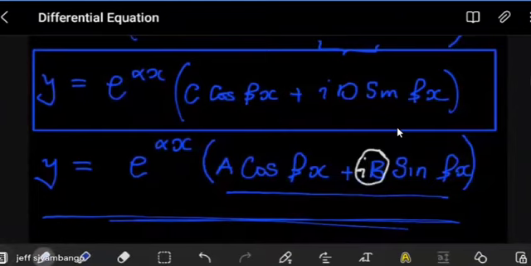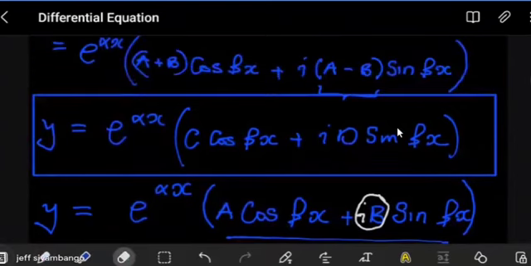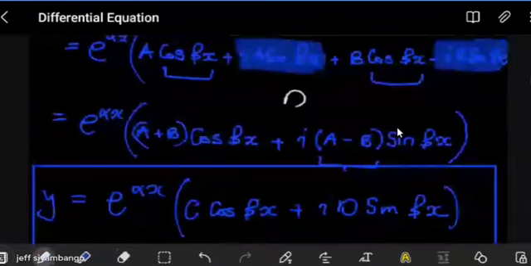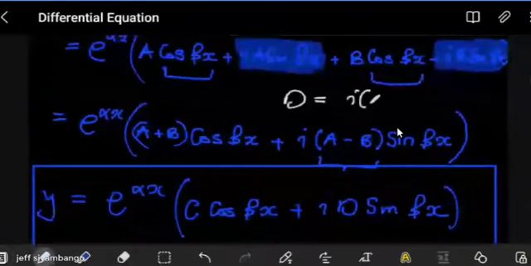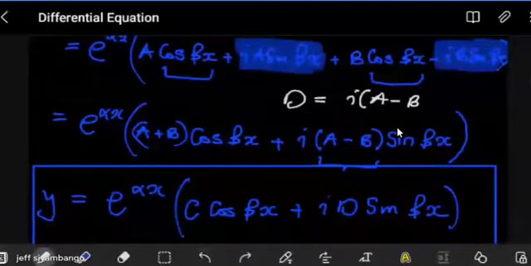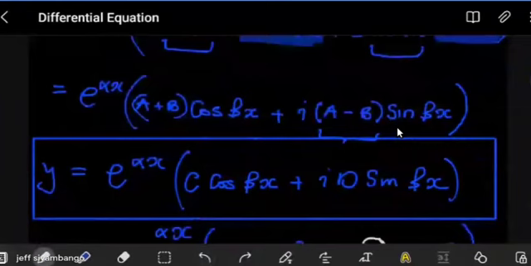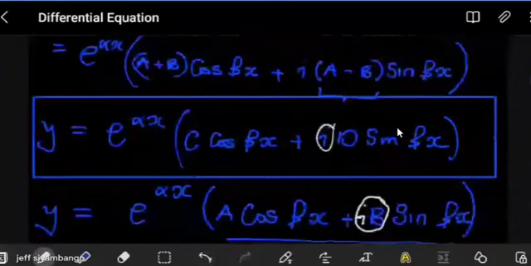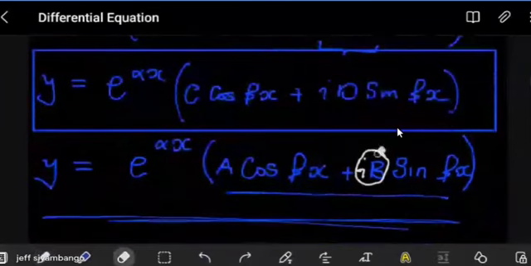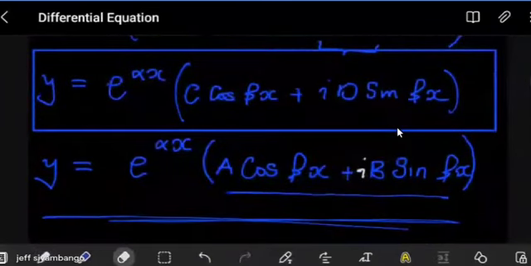So if I make that argument, then I don't have to show that i. In that case, I would have to say that D here is actually equal to i multiplying a minus b, so I just keep in mind that D here then has to be complex. But in this case, I'll choose to keep that i present there. So I'll leave it there and just say D is a real number and only i is the complex variable.